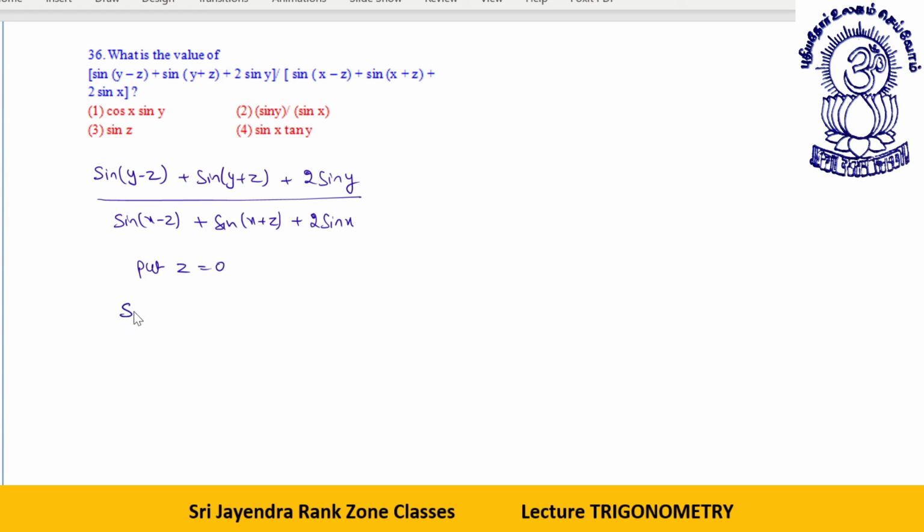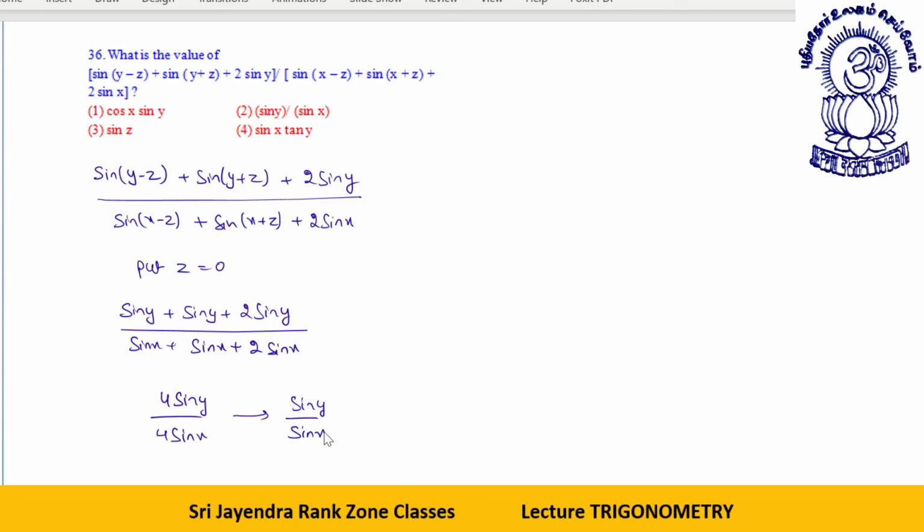The moment I put z is equal to 0, what do I get? I get sine y plus sine y plus 2 sine y. In the denominator, I get sine x plus sine x plus 2 sine x. This is 4 sine y upon 4 sine x, or sine y by sine x. That is option number 2 is the answer.